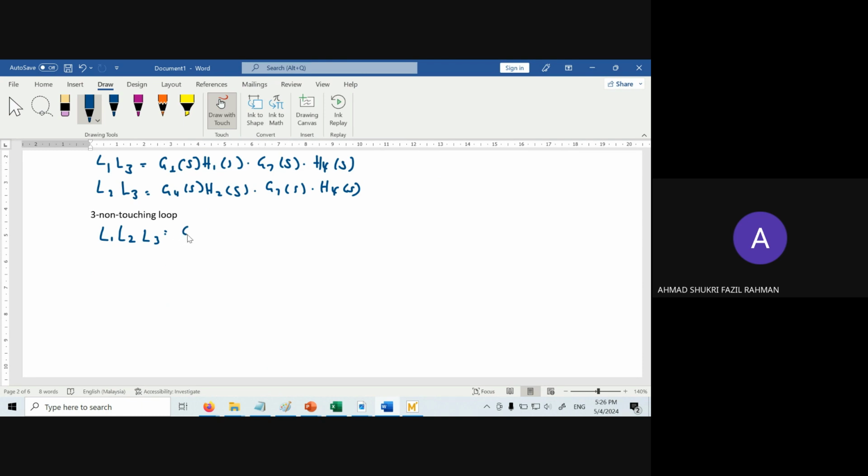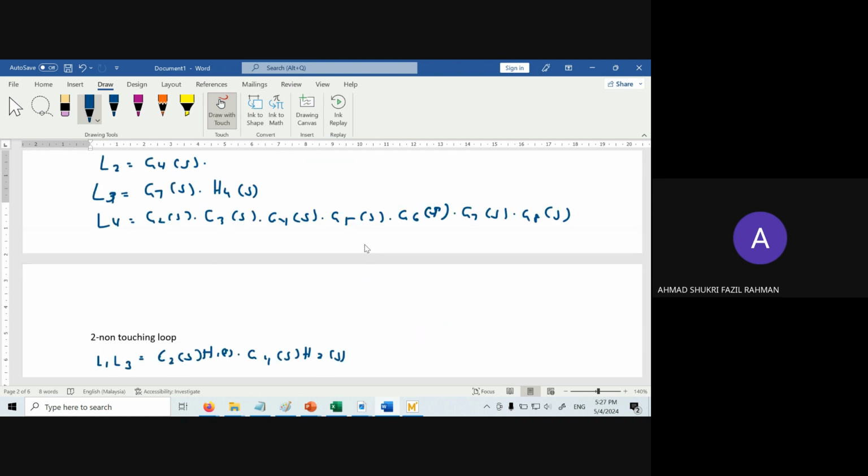Observe properly: G2S, H1S multiplied by G4S, H2S, multiplied by G7S, H4S. Okay, so we have completed up to three.